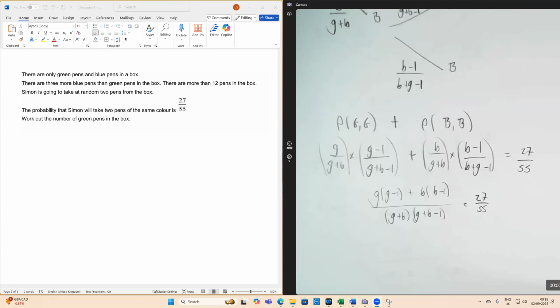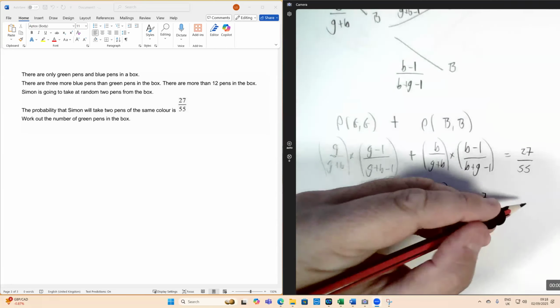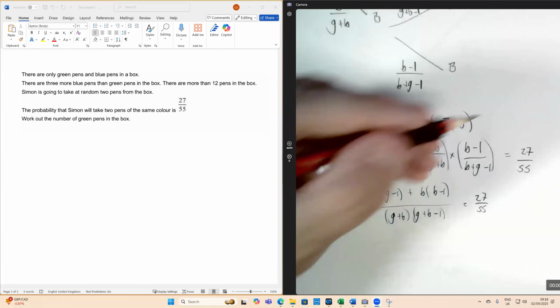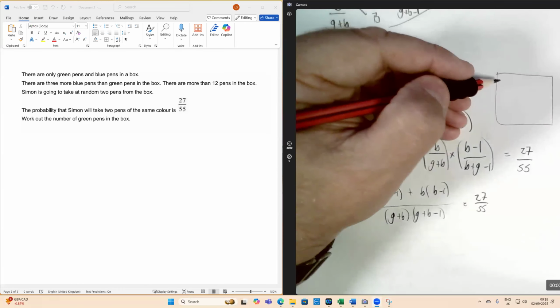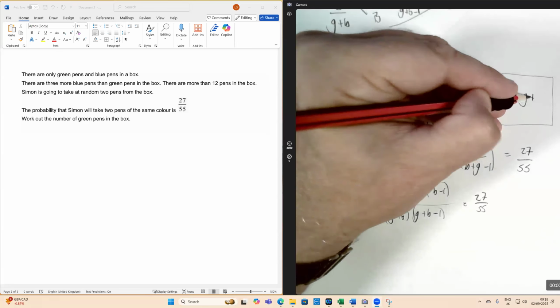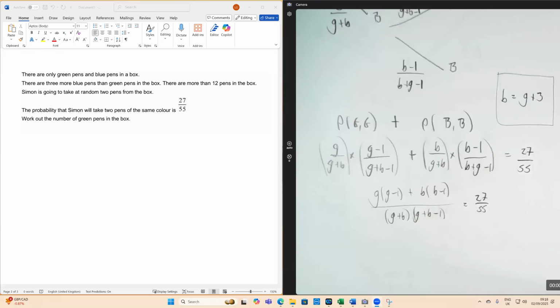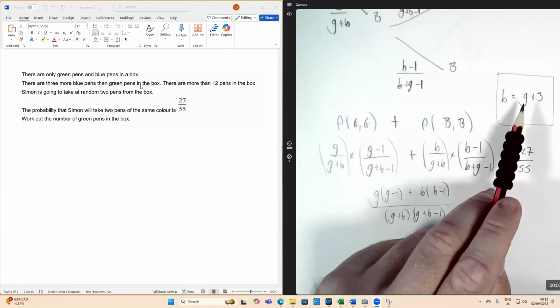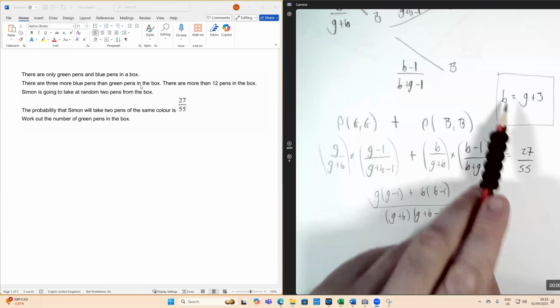And there's a piece of information they tell us: there are three more blue pens than there are green pens in the box. From that statement we can form an equation. The number of blue pens must equal the number of green pens plus 3. That's making use of the statement where it says there are 3 more blue pens than green pens. So the number of green plus 3 equals the number of blue pens.